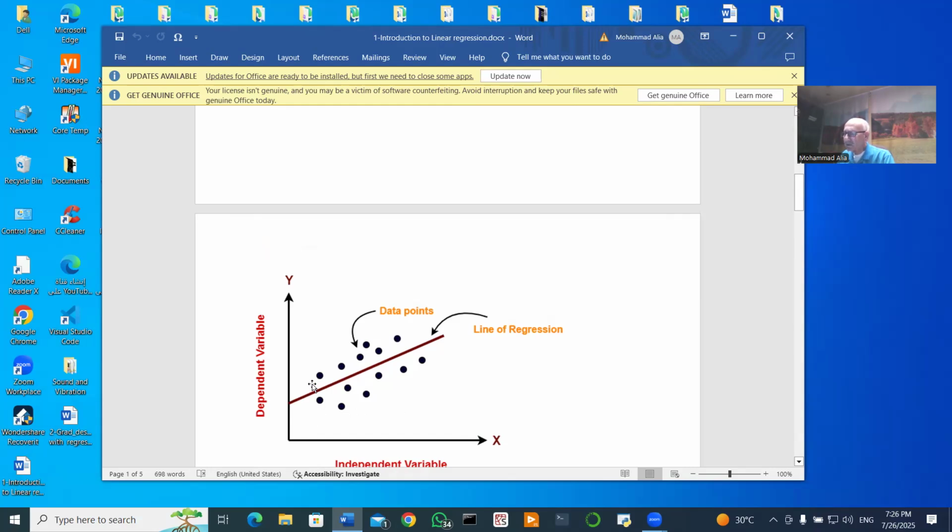How? We have to think or to assume that there is a line, such as this line, which is considered the best fitting, which represents the characteristics of the whole set of points here.